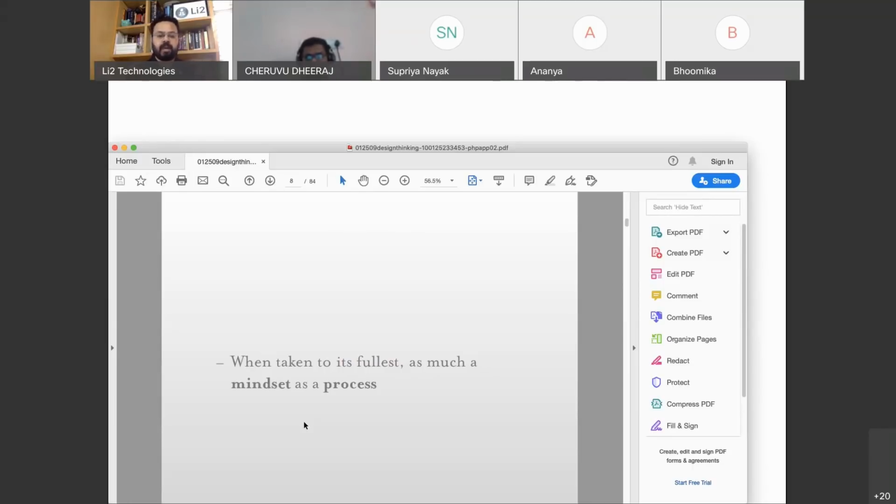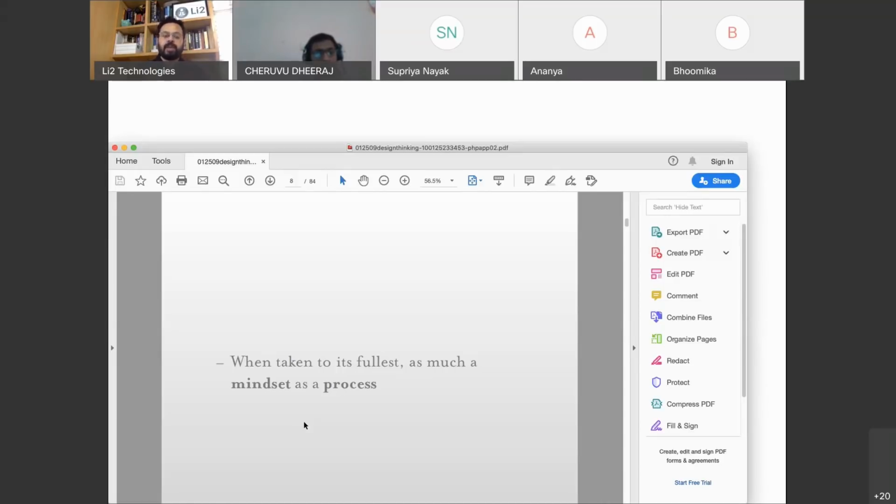I am running a couple of companies right now and doing a bunch of things, but none of this is a standard process. I cannot give you a formula to say do it this way and you can have an education company, or do it this way and you can set up a 3D printing company. It's not possible. So it is more of a mindset and understanding of the whole framework.